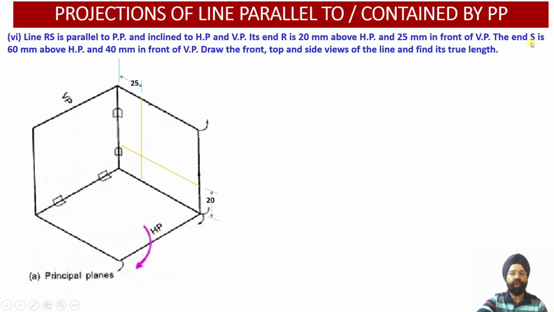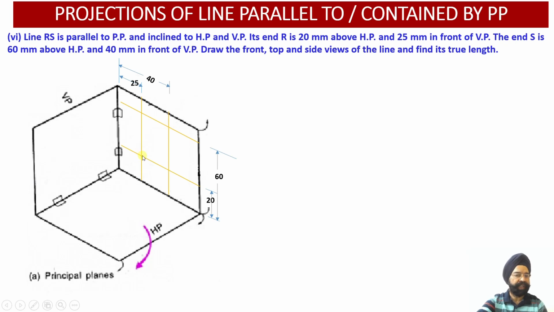Let us work out the coordinates of point S. S is 60 mm above HP. I have drawn a line, and 40 millimeter in front of VP. So 40 millimeter in front, 60 millimeter above HP, the S point has been located.